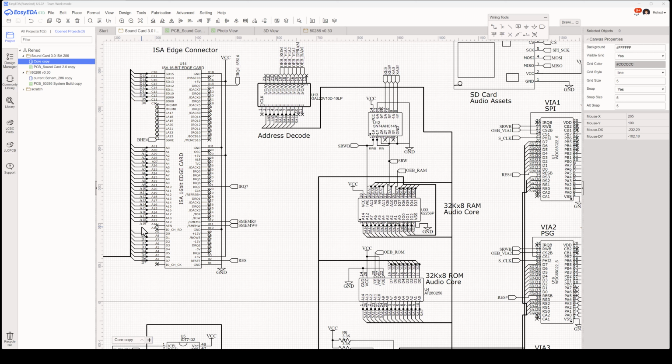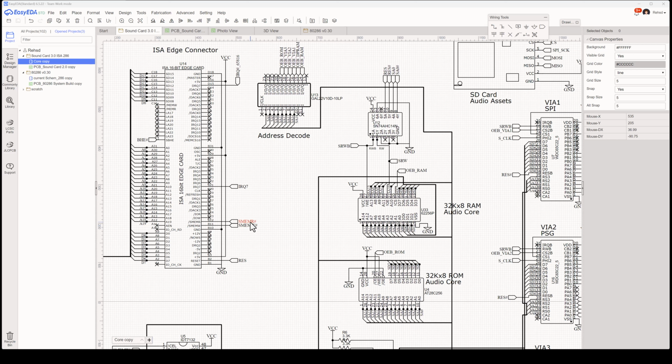I have my addresses all coming in. I'm going to leverage BHE to help me understand if I'm doing an upper byte write or read versus just the lower byte versus both upper and lower. And then I'm going to use memory read and write. I'm not doing any I/O read and write to this card. It's all done through a memory mapped interface.